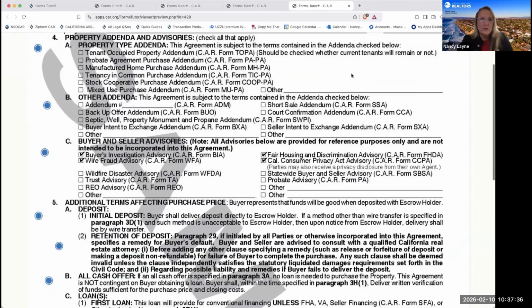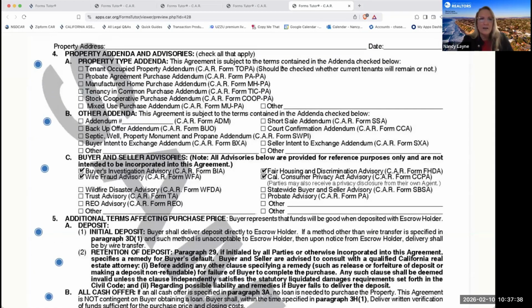So then you get into the specifics of the additional forms. The thing about this contract is it is one contract. We used to have a separate contract for a manufactured home, a separate one for tenants in common, that kind of thing. So these now are addendums to the contract that create an additional level of contractual obligation with regard to whatever that form is.